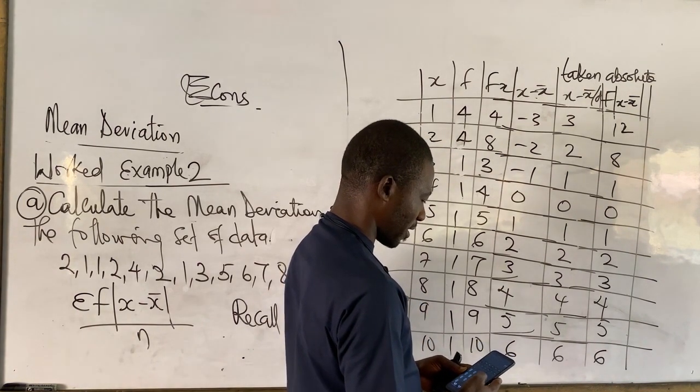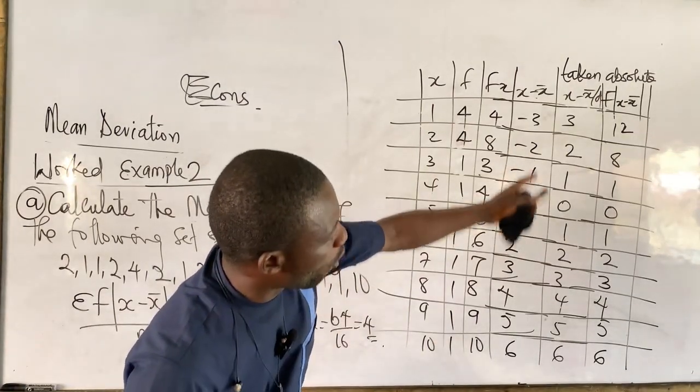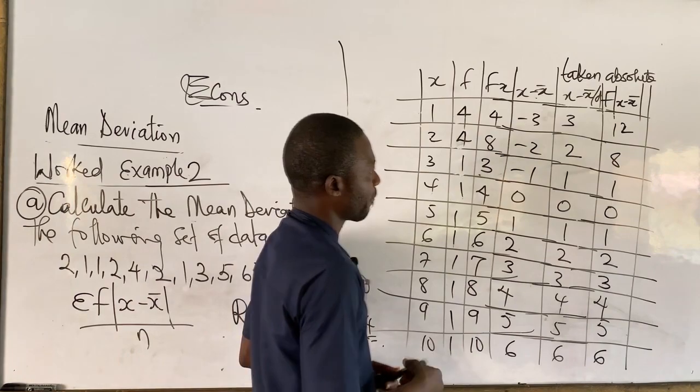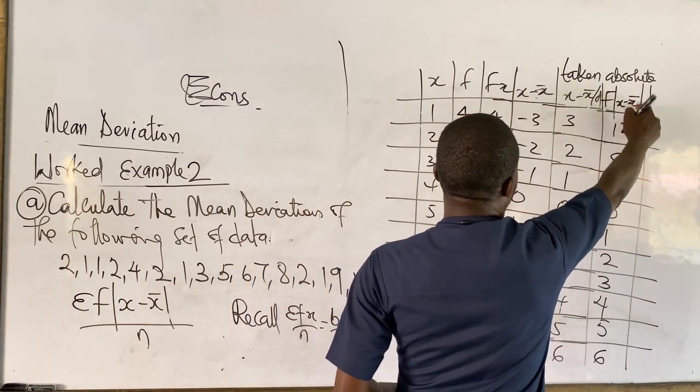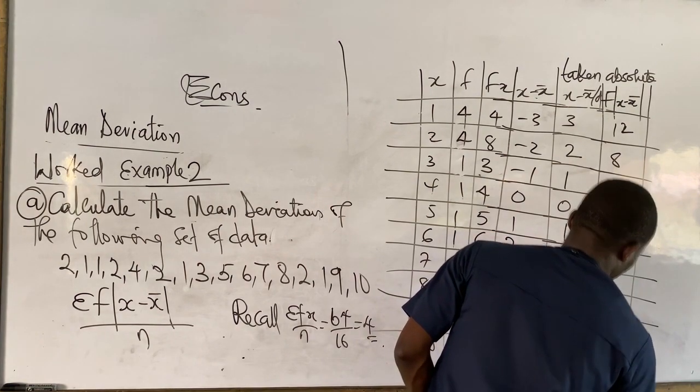So let's see, what's our final answer? 42. So the sum of all the f times modulus of x minus bar x is equal to 42.